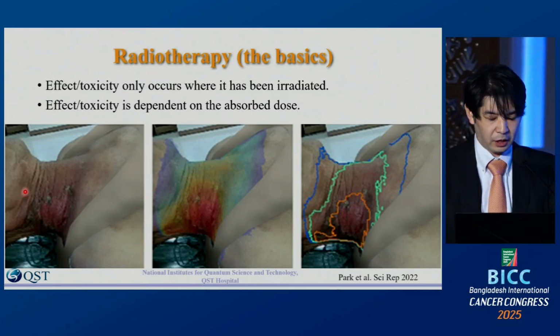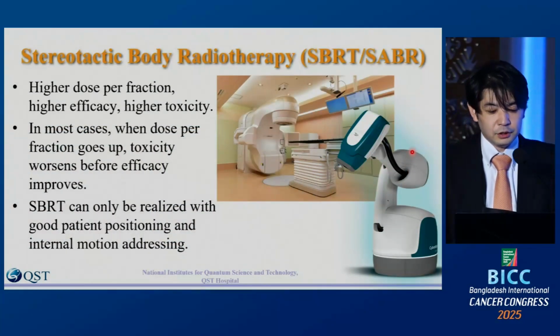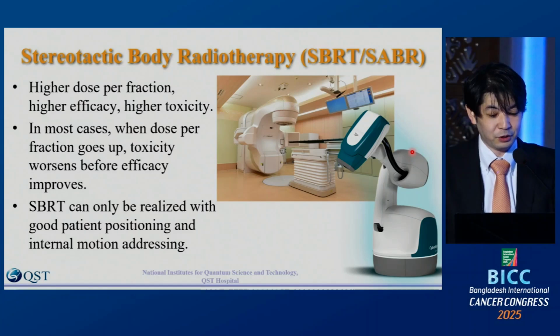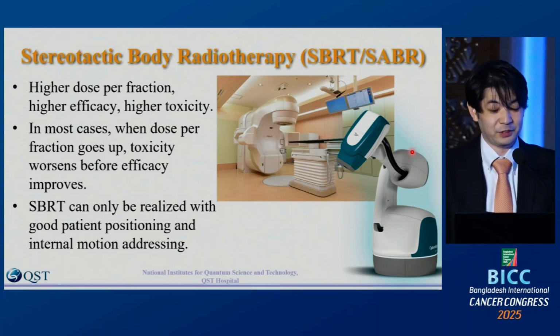This is a head and neck case with dermatitis, and when the dose is superimposed, the high dose area corresponds to the severe dermatitis, whereas the low dose, not as much. So with SBRT, high dose per fraction means higher efficacy, but higher toxicities. In most cases, when dose per fraction goes up, toxicity worsens before efficacy improves.